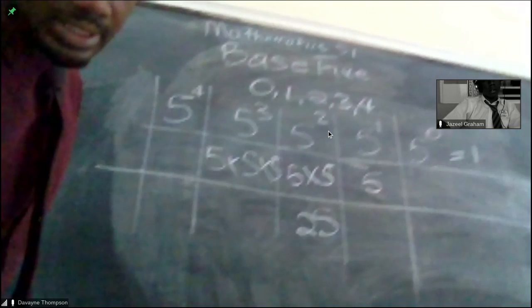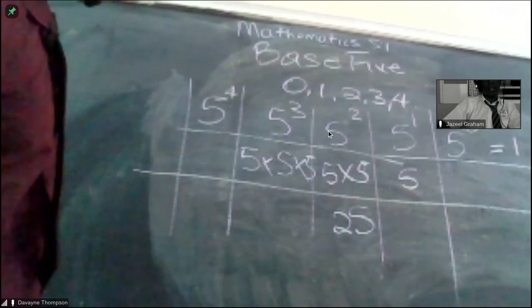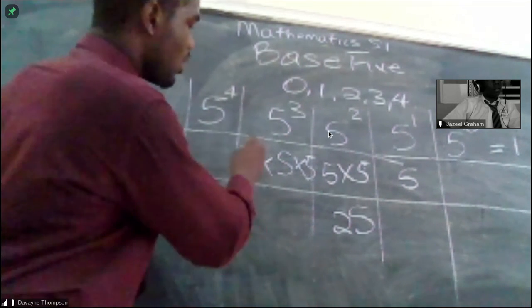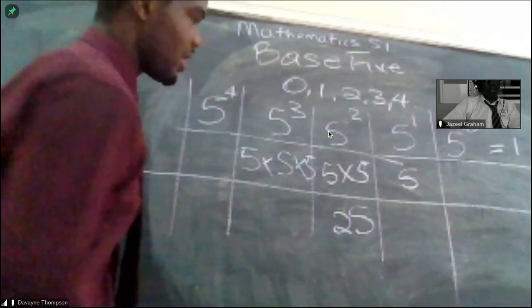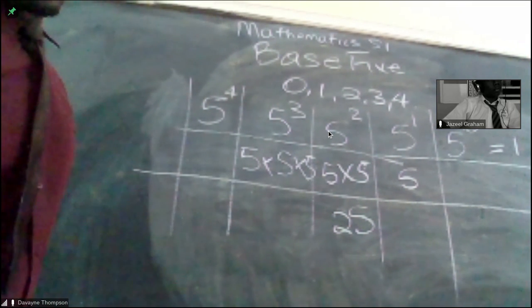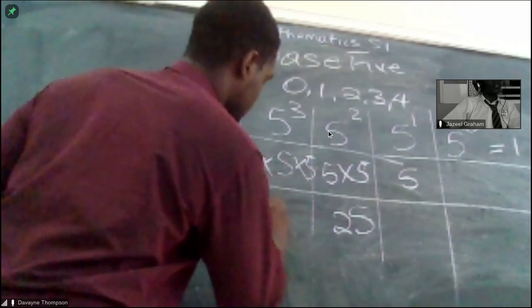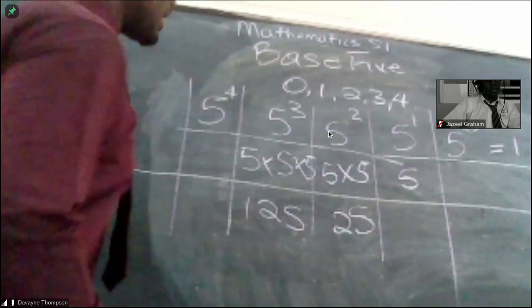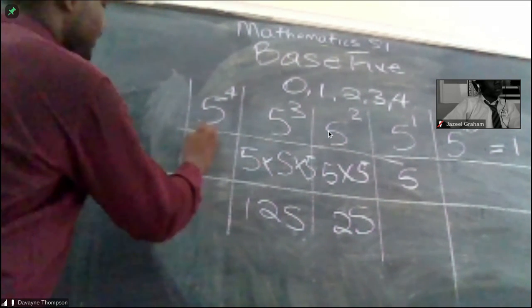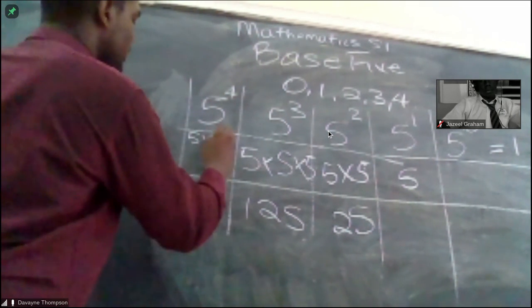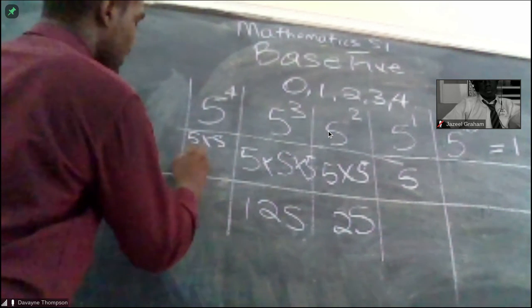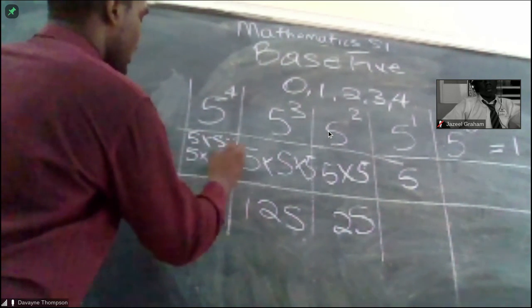What's that answer from everybody? What's 5 times 5 times 5? Or in other words, what's 25 times 5? 125. And then the last one, we have 5 times 5 times 5 times 5.